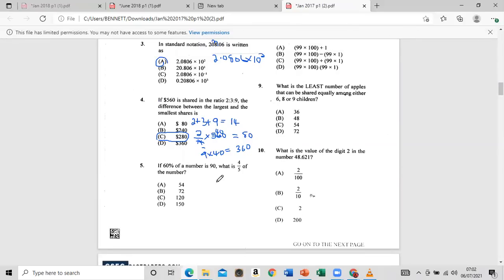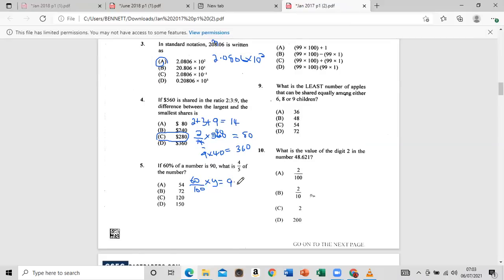Alright. If 60% of a number is 90, what is 4/5 of the number? Well, let us first find the number that was taken 60% of. So it's 60 over 100, because that's what they did initially. Call the number y. We don't know what the number is, but we know that it must equal 90, right?